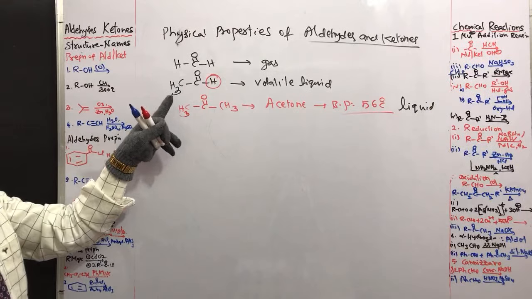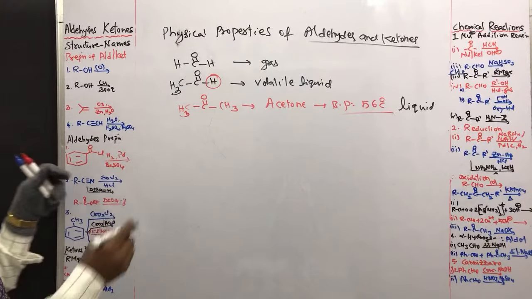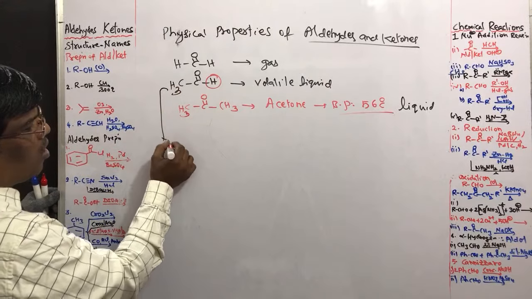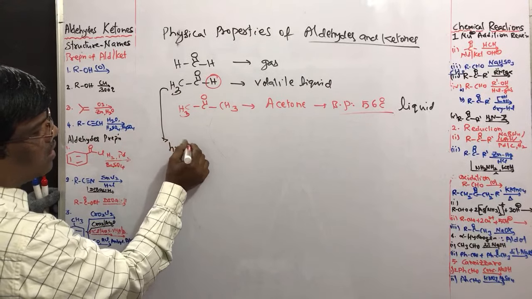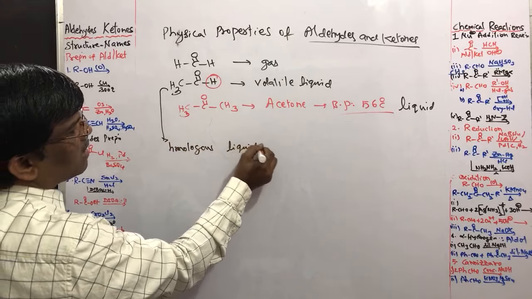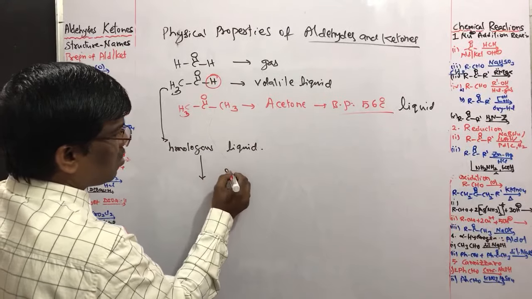Formaldehyde is a gas, acetaldehyde is a volatile liquid, acetone is a liquid. And the more homologs you move forward, it is going to be liquids, or higher homologs are going to be solids.